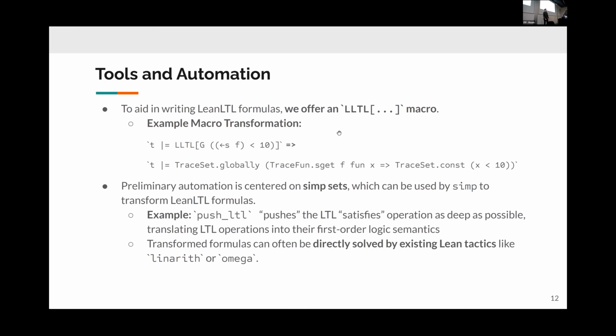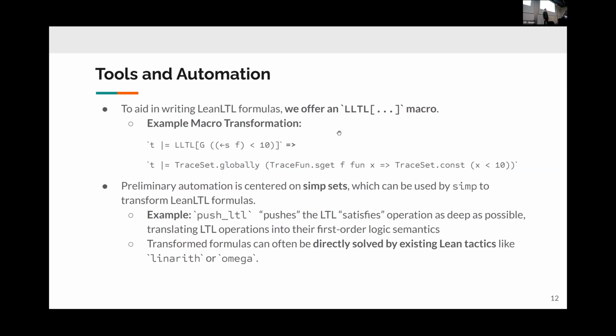To aid in writing LeanLTL formulas, you don't want to write them in that format. So we have a macro that lets you write it in a nice, simple, readable way that resembles normal LTL, and it will compile it down. We use these arrow bind operators to implement these get operations, which are how you extract the values if you look into future time steps.